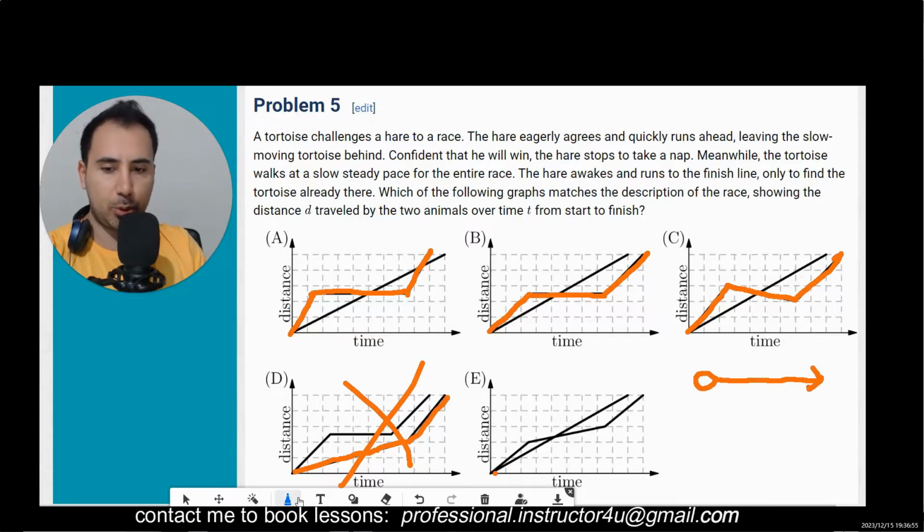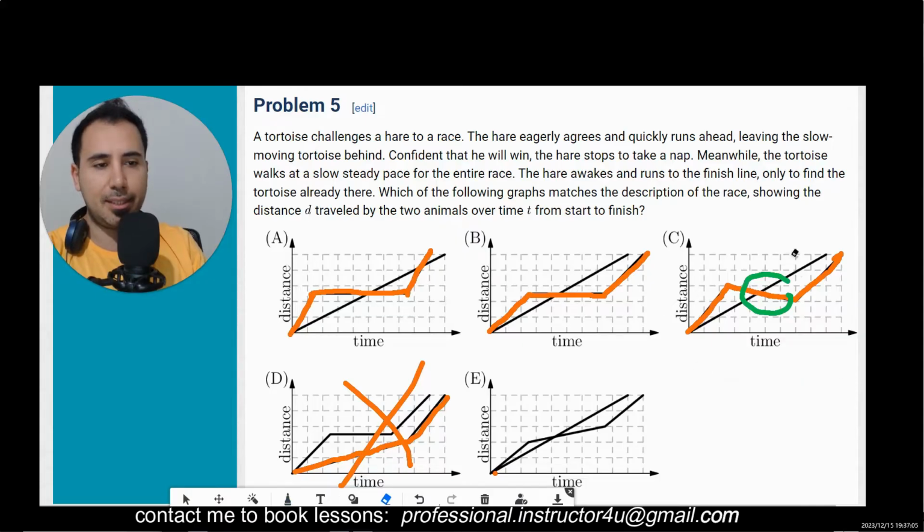And at this portion, because it's going down, it's going back to the left, right? That's more like physics, but it's not necessary. We just know that it's not the answer. That's all we need to know. This will be out as well. This one shows no sleeping because it's moving a little upward. So this is also out. So we have to choose between A and B.